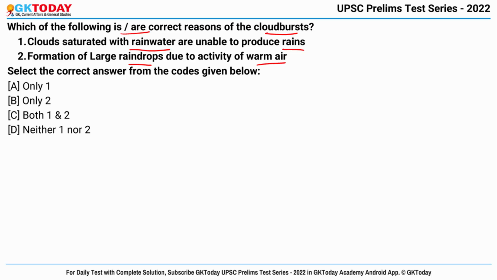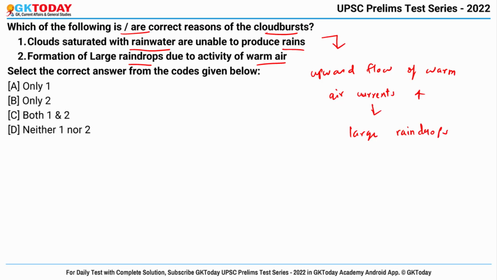Actually, cloudbursts occur when clouds saturated with rainwater are unable to produce rains due to upward flow of warm air currents carrying the raindrops upwards. So this results in formation of very large raindrops which eventually pour out as cloud burst.